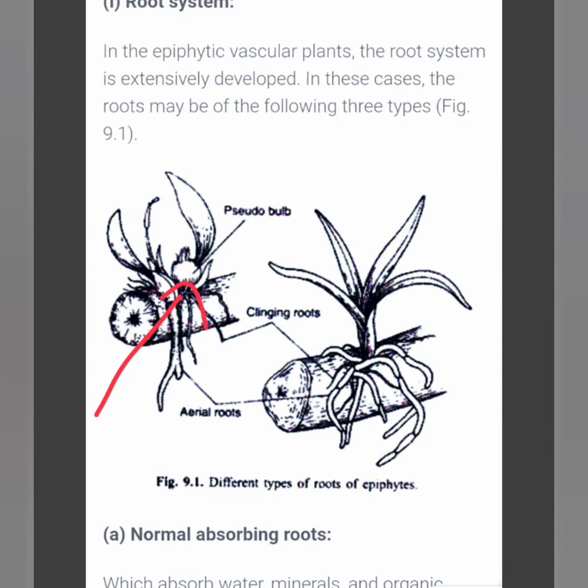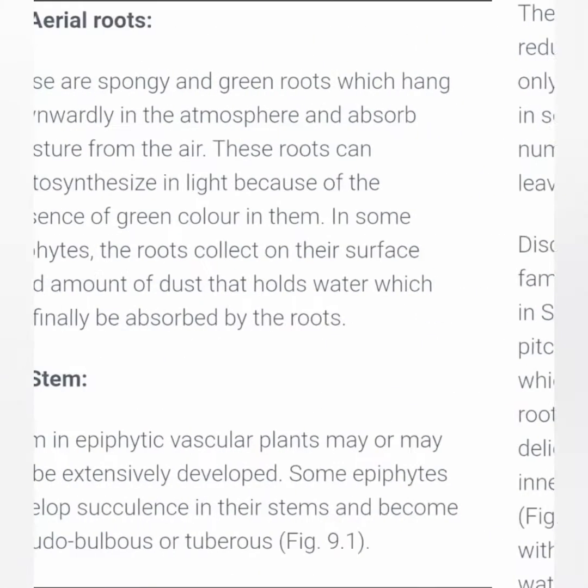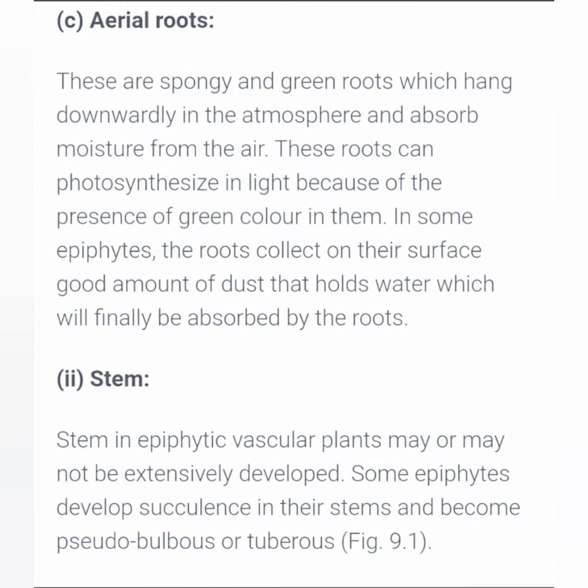Just like an onion bulb, or tuberous, like what you have seen in ginger or turmeric. Okay, that tuberous root. So the stem is usually in the form of a pseudobulb or tuberous, but this occurs only in some epiphytic plants.